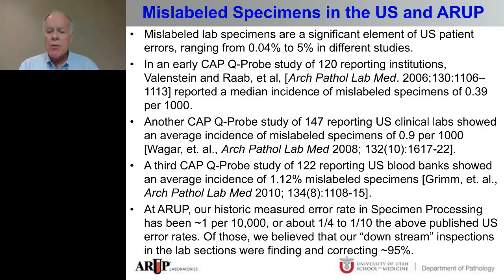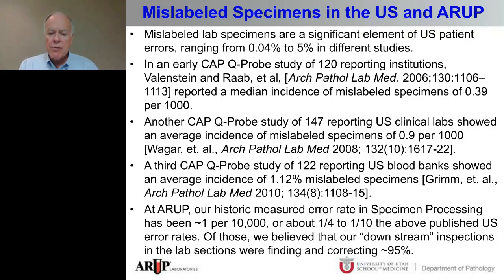Now, I don't want people to walk away thinking that the country's blood supply is in danger because of mislabeled specimens. These errors were corrected before there was any patient safety concern. It's just a mislabeling handled in the first step of the process, and then in a subsequent step, it was corrected.